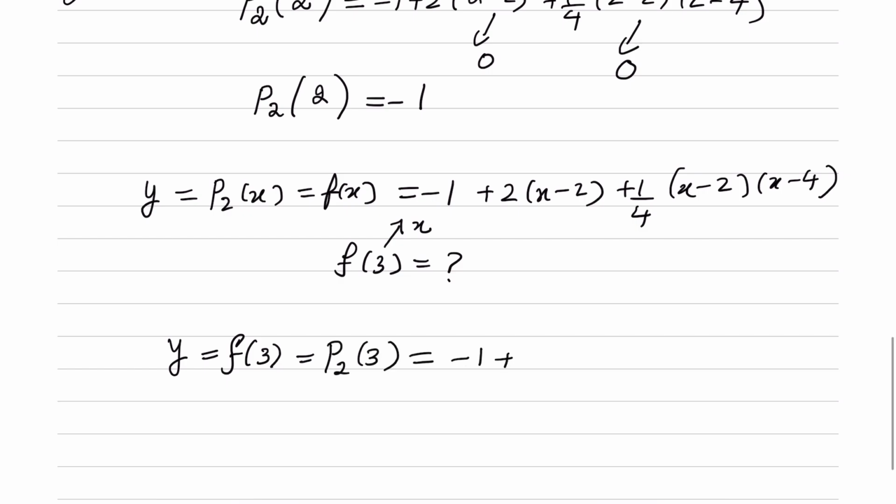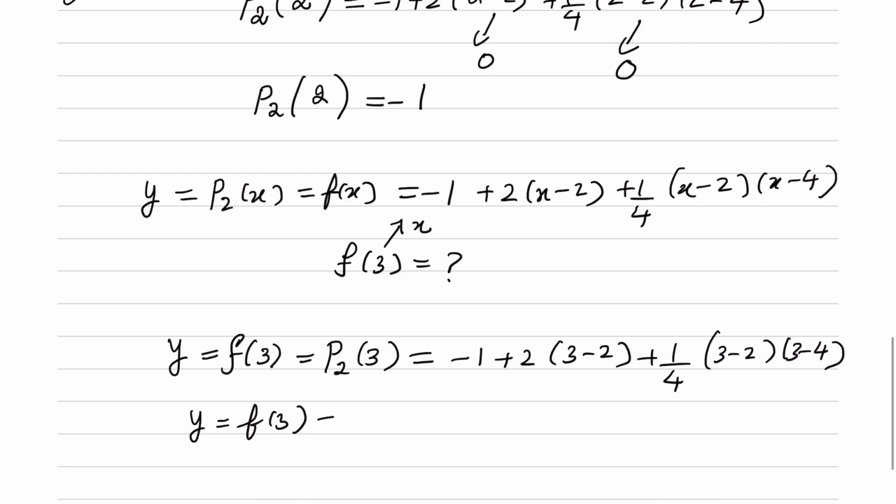Minus 1 plus 2, 3 minus 2, plus 1 over 4, 3 minus 2, 3 minus 4. We will simplify. Minus 1 plus 2, 3 minus 2 is 1, plus 1 over 4, 3 minus 2 is 1, 3 minus 4 is minus 1.